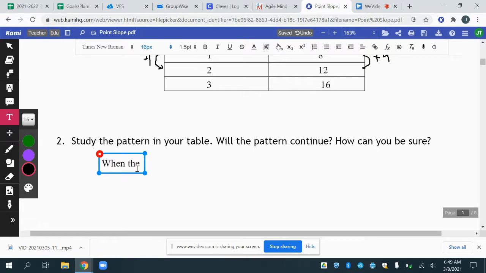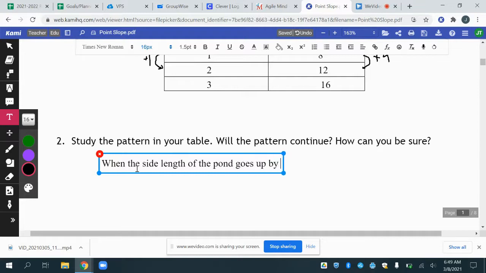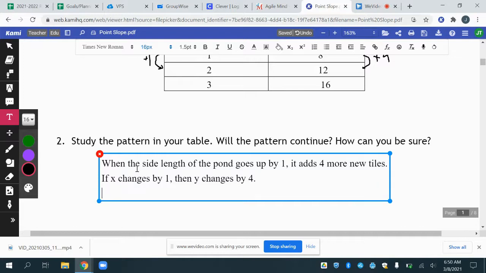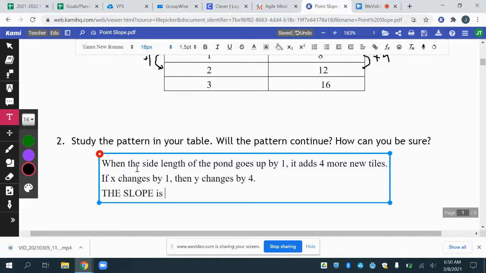When the side length of the pond goes up by 1, it adds 4 tiles. Slope is 4. Important if we get there.